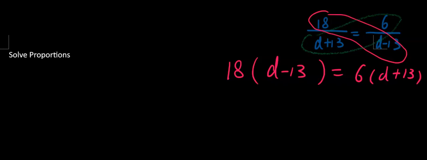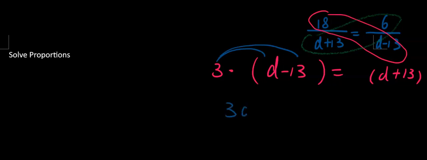All right. I'm not going to distribute first because I notice what is happening. 18, 18 is 3 times 6. I have a 6 here. I also have a 6 here, which means I can divide by 6 each side. This 6 is gone. Now, 6 is gone. Make this easier now.